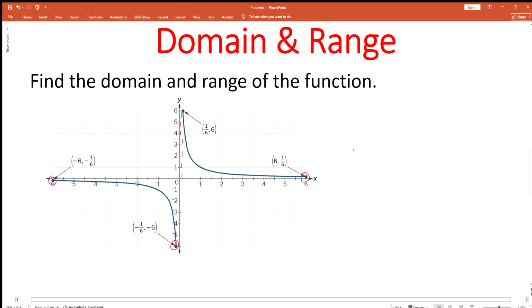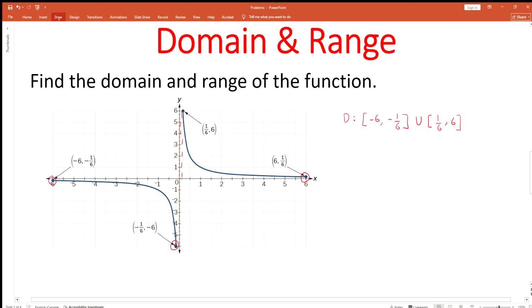So we can write the domain in interval notation as -6 to -1/6, and we use square brackets because the endpoints are included in the domain, union, and 1/6 to 6, and we include the endpoint. That's why we use the square brackets.